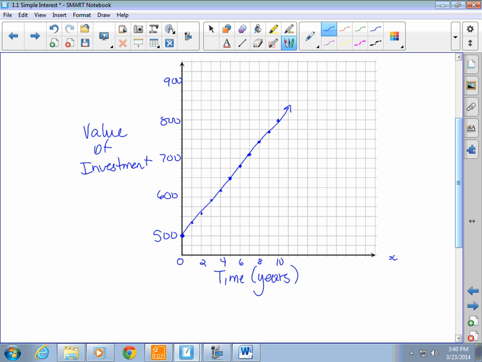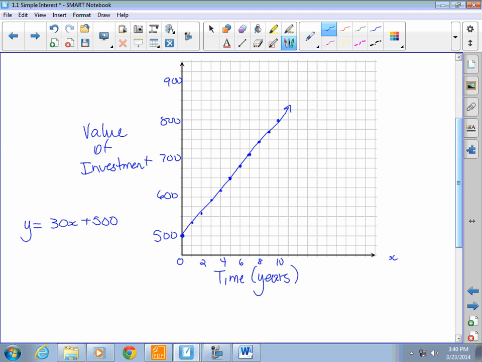Now again, because my points are kind of approximate, it's not going to look exactly like that. But basically what we've done here is we've drawn a graph of y is equal to my changing amount, which was 30 times for every year, plus my initial investment, or my y-intercept, at 0 and 500. So I could plug in whatever number I wanted to in there and find out what this is worth in 20 years.